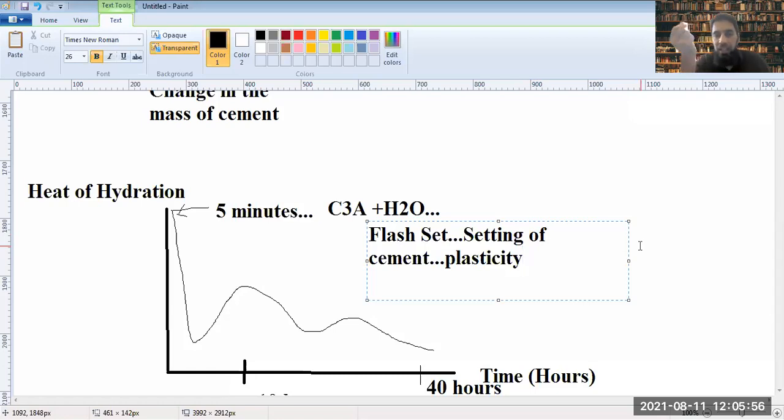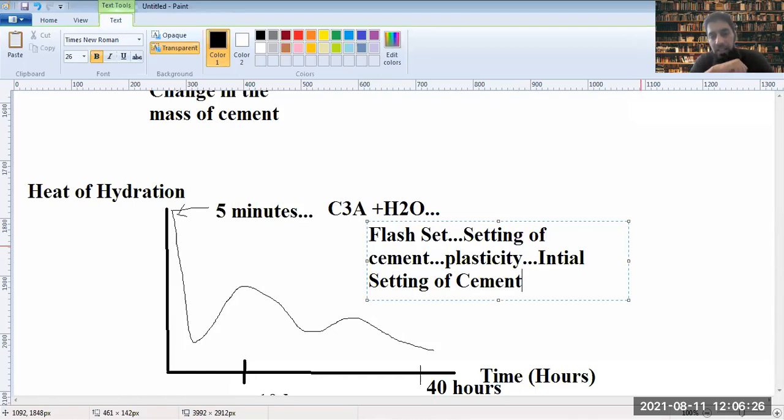Initially, it was just a fine grain. Then, जब आपने पानी मिलाया, it became just a liquid first. Then it starts to gain some amount of plasticity. So if you now rub it, it will stick to a surface, and that's when the setting is initially started. So this is known as initial setting of cement.